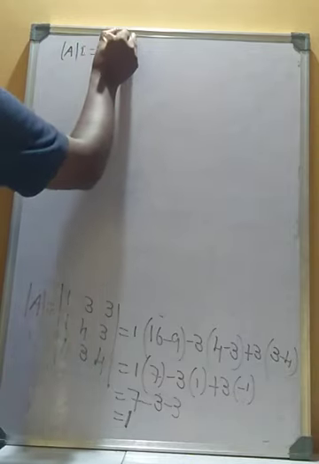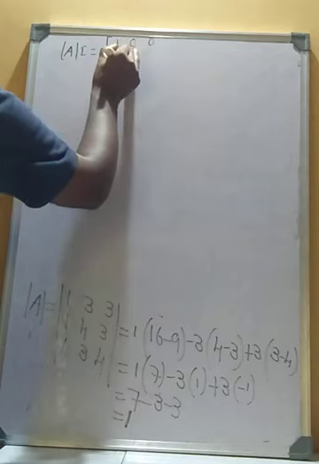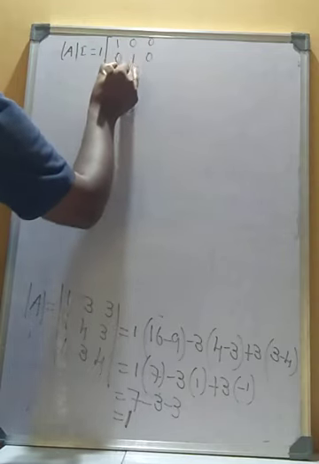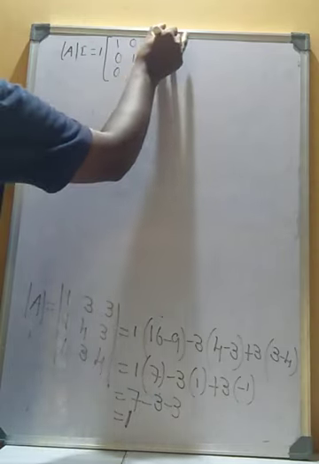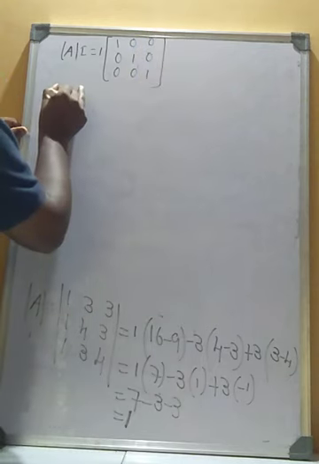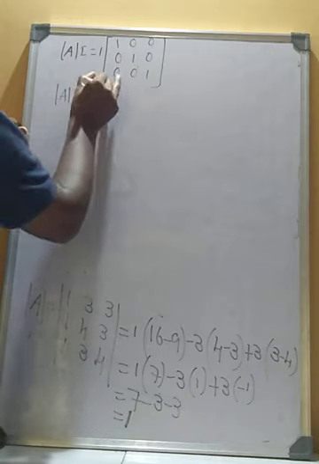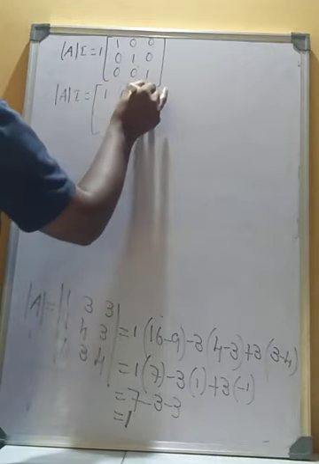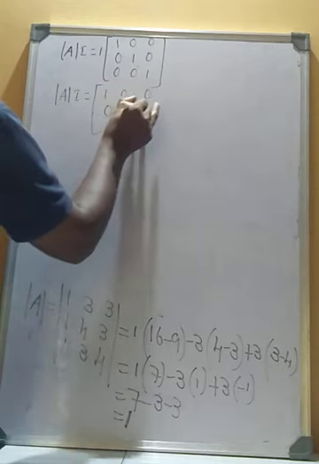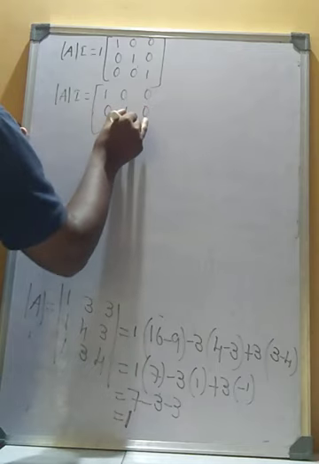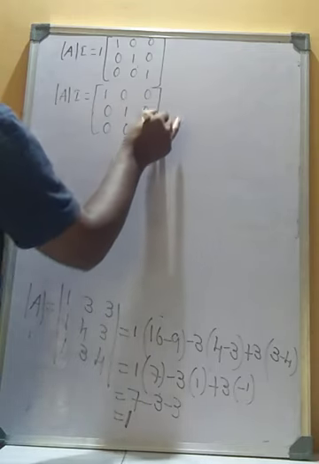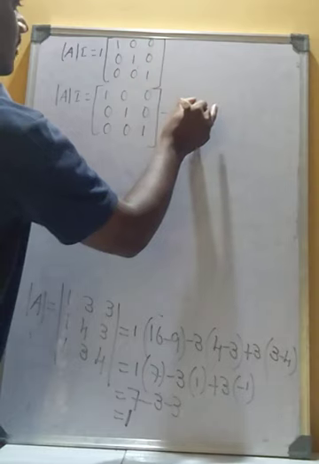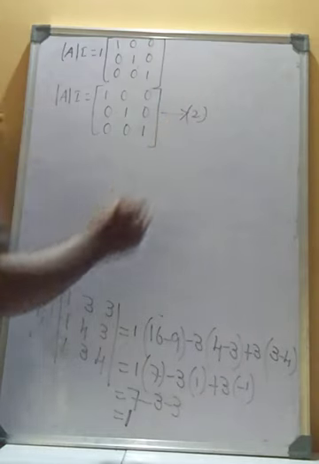I is 1 0 0, 0 1 0, 0 0 1. Therefore, determinant of A into I is equal to 1 0 0, 0 1 0, 0 0 1. So call it as equation number 2.